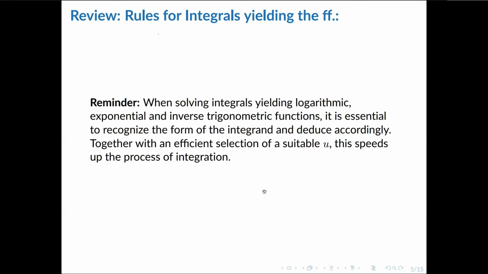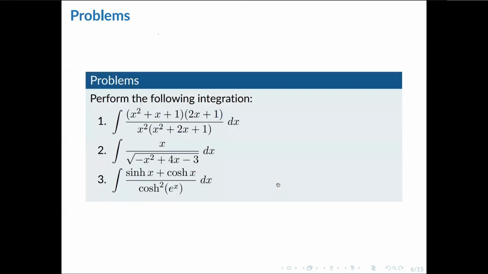Ito ay applicable na since LA1 nyo. Mas efficient yung solution kapag efficient din yung nakuha nyong u. So, it saves time and effort.